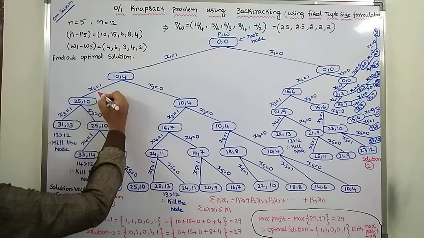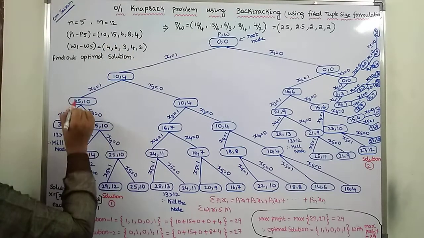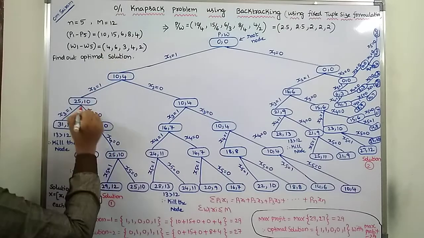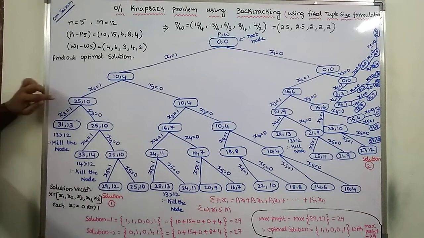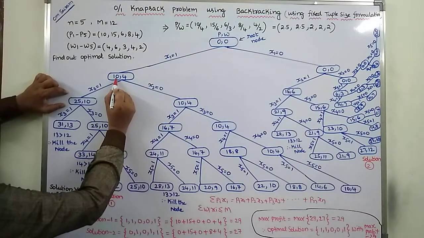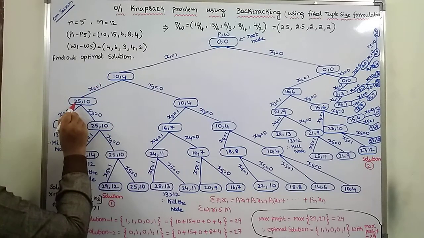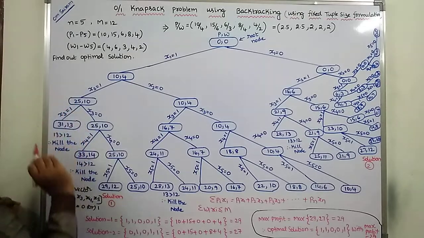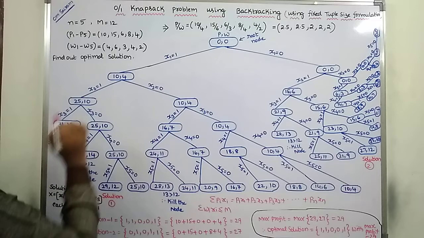So after considering the second object, this node contains 25 comma 10. After the first object the profit value was 10 and the weight value was 4. After considering the second object, the profit value is 25 and the weight is 10: 10 plus 15 is 25, and 4 plus 6 is 10.